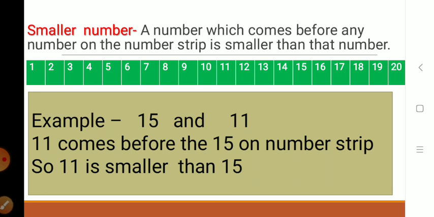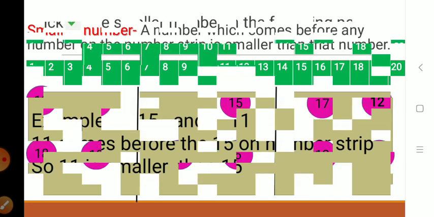Do you understand how to find the smaller number? The number that comes before the given number on the number strip is smaller than that number.